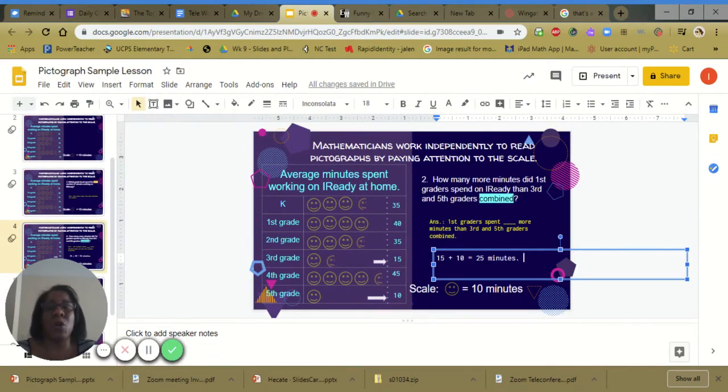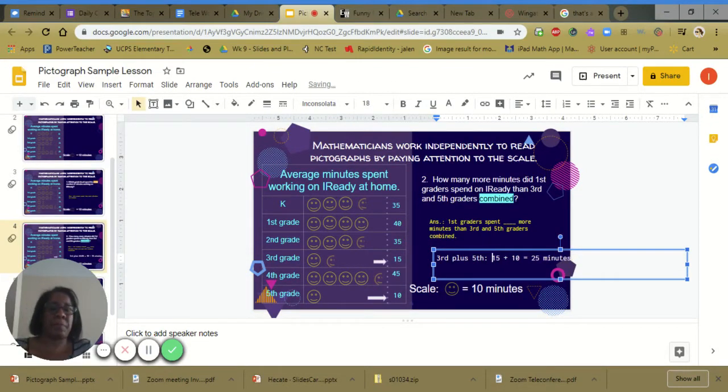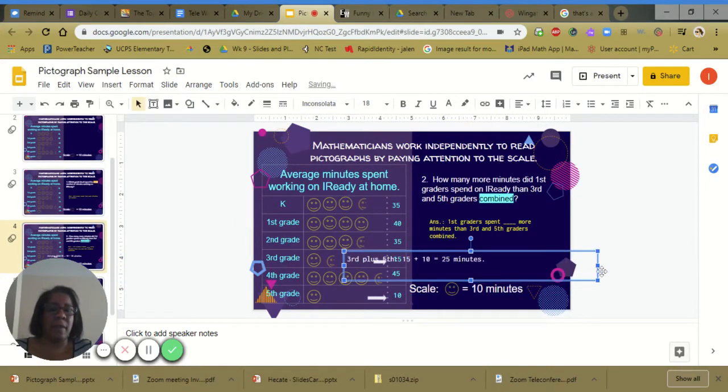They wanted to know the difference between first grade and third and fifth combined. So fifth grade and third combined is a total of 25. First grade, so let me just make a note. Third plus fifth. Okay. I think you guys can see that. Just 1 second.